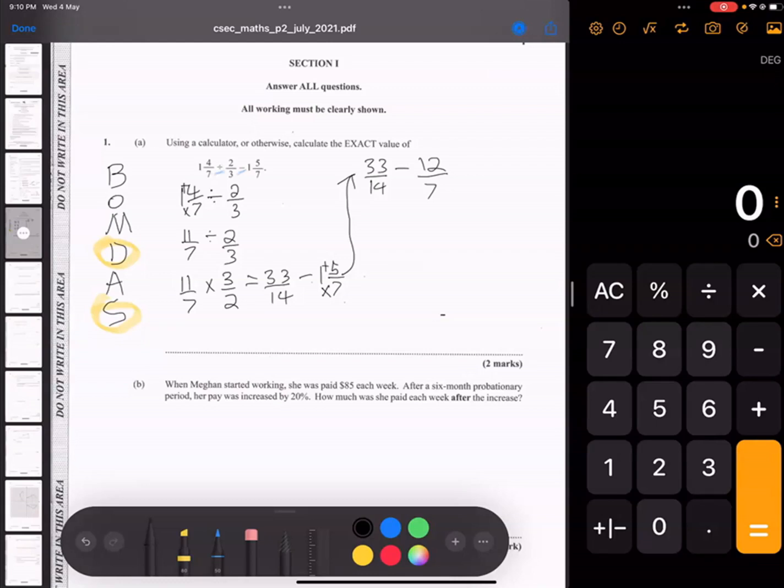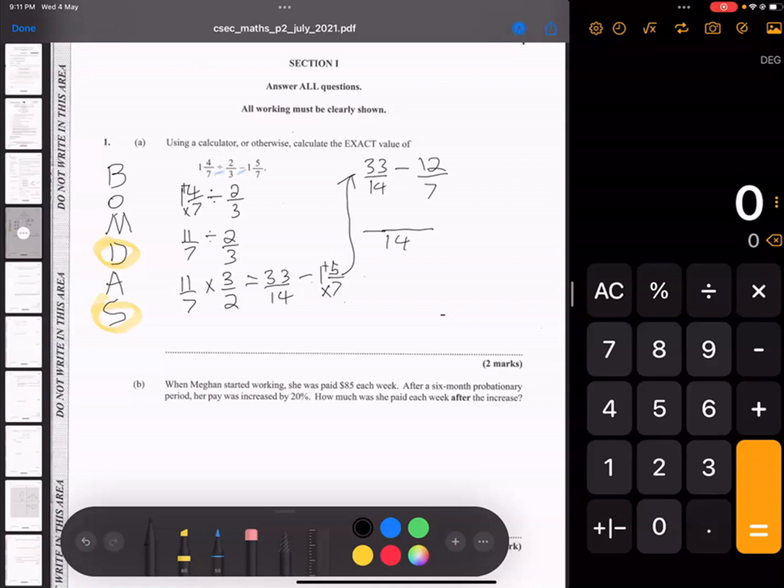And here we are subtracting, so we have to find the lowest common multiple of the denominators, which would be 14. 14 into itself would go one time, and that's how we get the denominator. And 7 times 2 gives us 14 also.